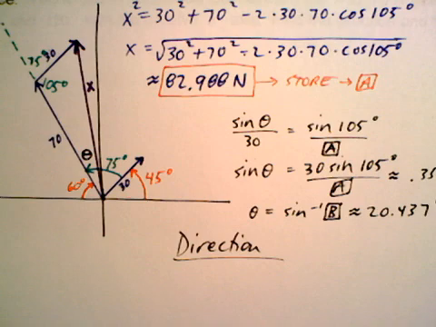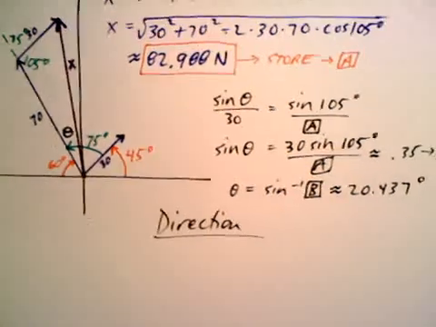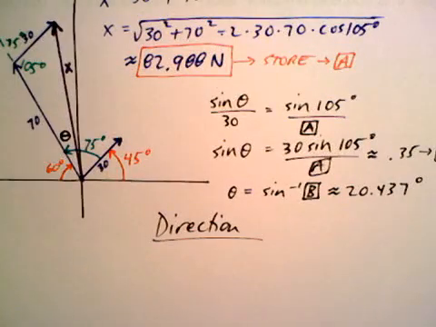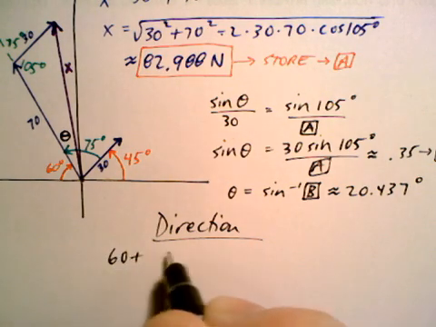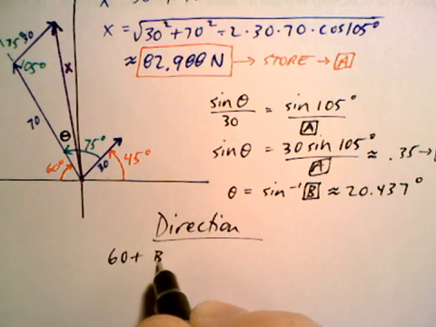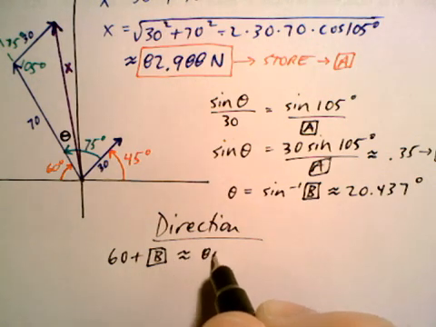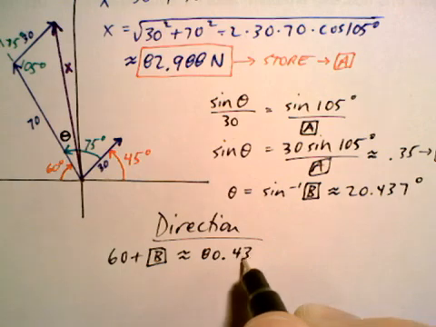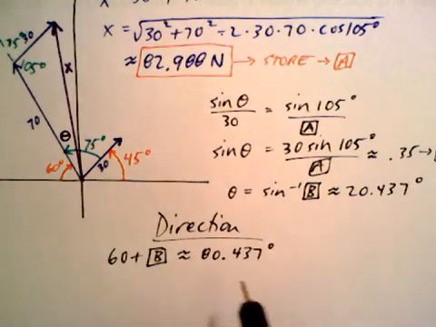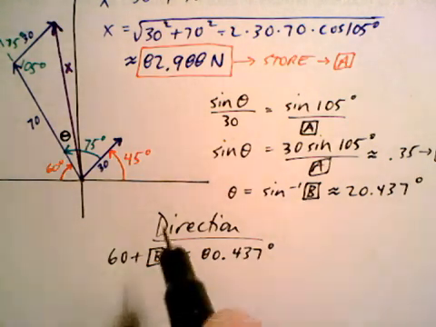Maybe this isn't the best way, but it is one way, and as long as you're keeping your numbers organized, you're fine. So if we take 60 and add it to B, then we're going to get 80.437 degrees.